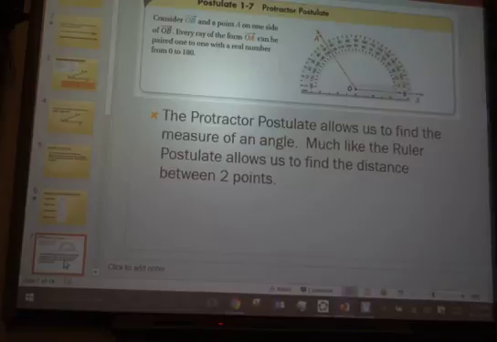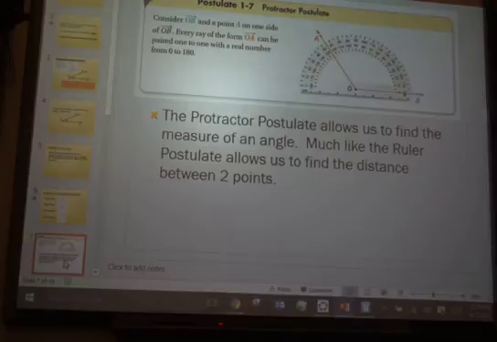And we talked about that last couple of days. The protractor postulate does the exact same thing. But now instead of looking at an entire number line, we're really going to just focus on the numbers between 0 and 180, because those are the angles that we're going to be familiar with and deal with early on in this course. So we said that every number between 0 and 180 can get paired with, instead of a point now, a ray.